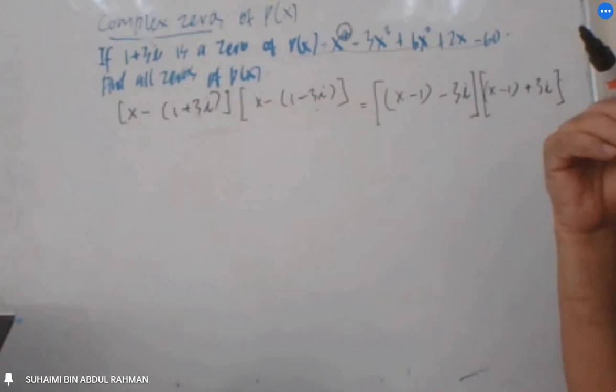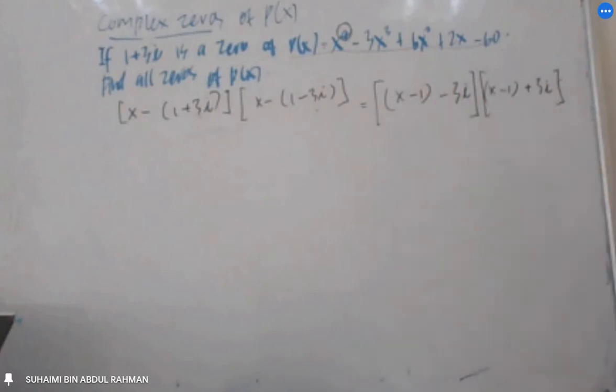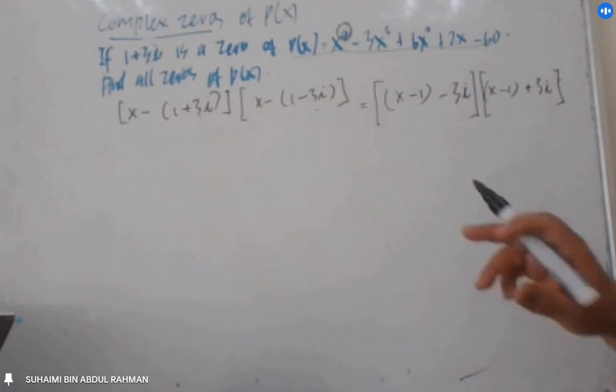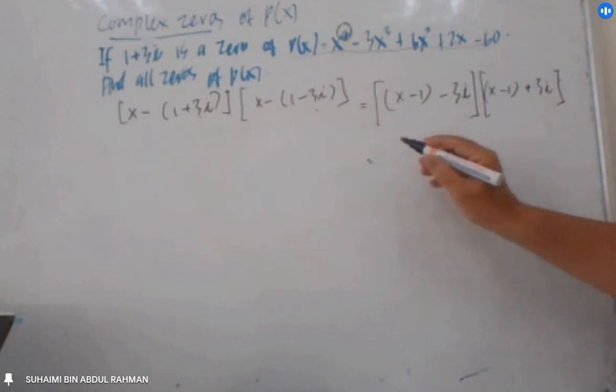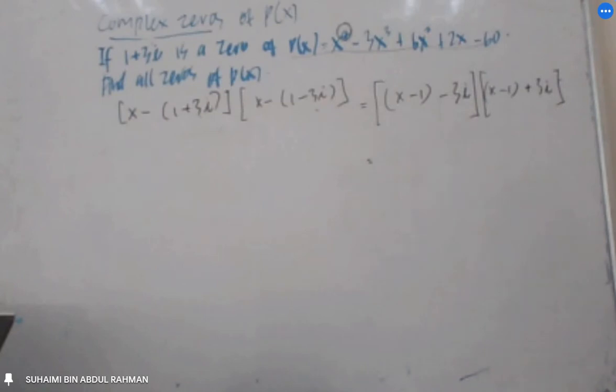You get it? So what do we get when we multiply this? What do you have? You multiply 1 by 1.